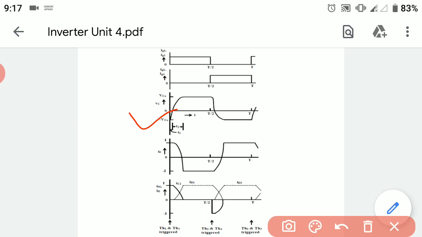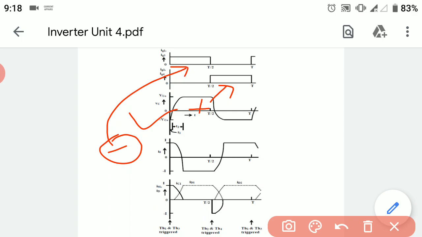Due to these polarities, thyristor TH2 and thyristor TH4 will get forward biased and start conducting after this interval. But before this interval, as this capacitor also has a plate of negative polarity, that plate of negative polarity will reverse bias these two thyristors.